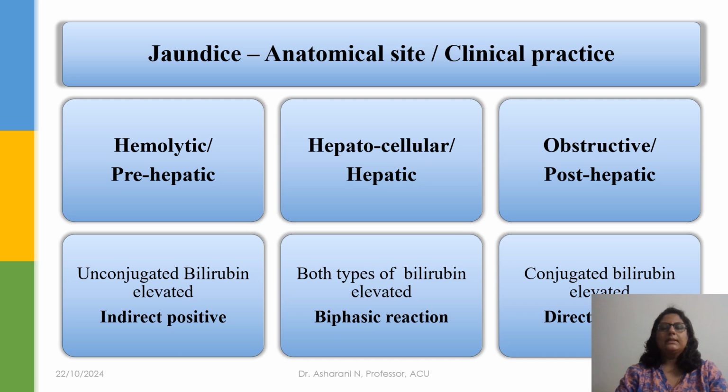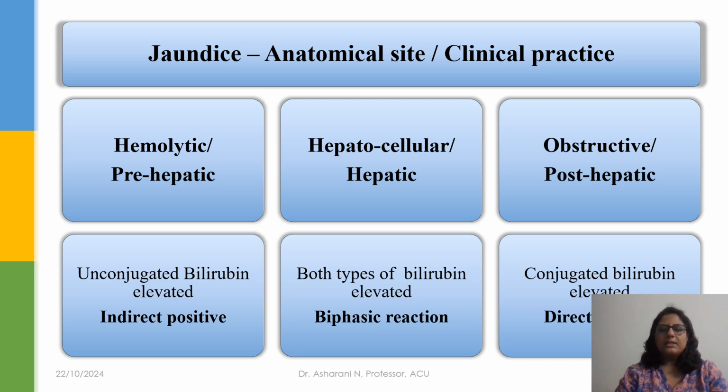Now we will see the classification of jaundice based on anatomical site or clinical practice. If there is any pathology before the hepatic or liver, we call it prehepatic, and the cause can be hemolytic, where there is increased unconjugated bilirubin, and Van den Bergh's test will be indirect positive.